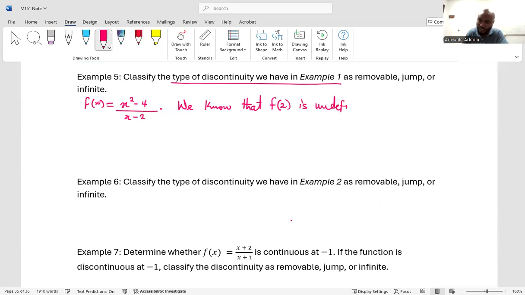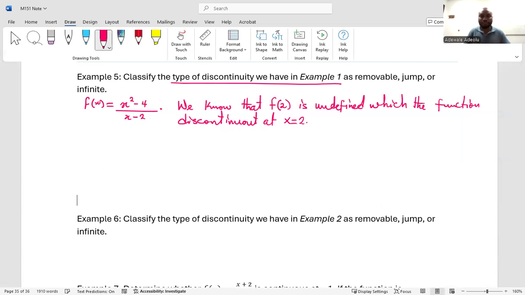We've already defined that. F of 2 is undefined, which makes the function discontinuous at x equals 2. We already know that.